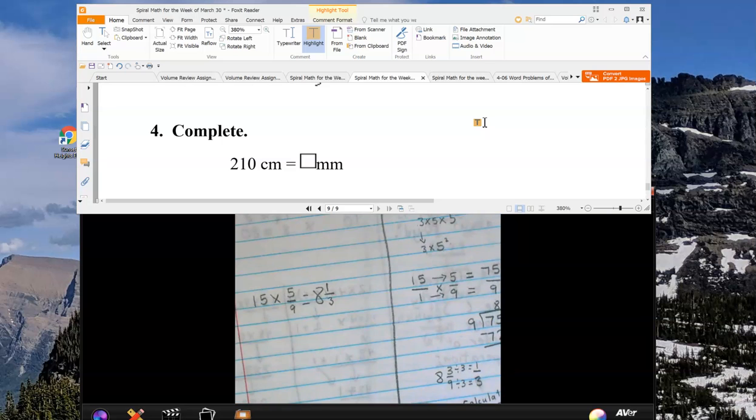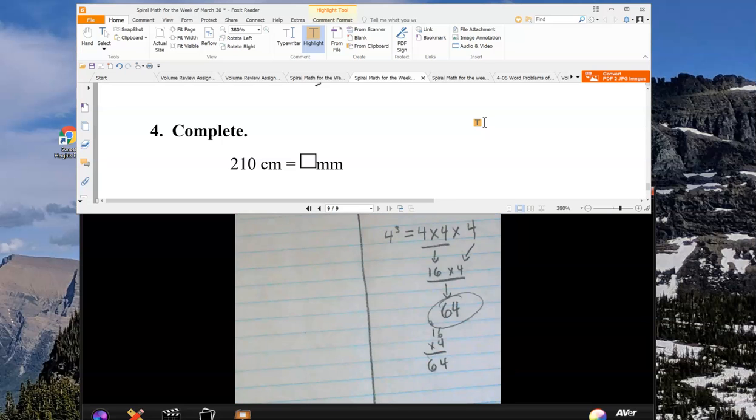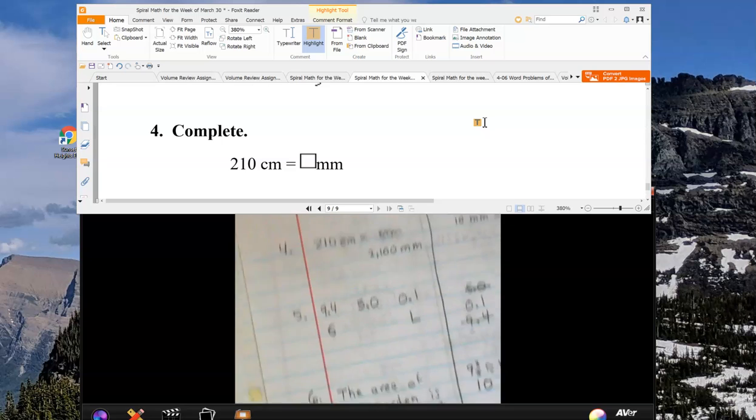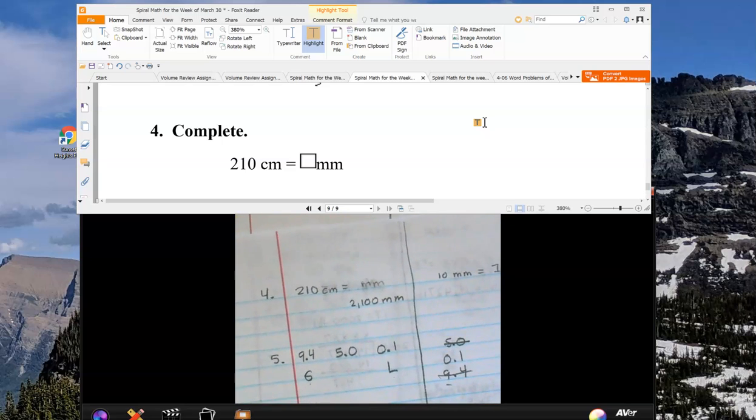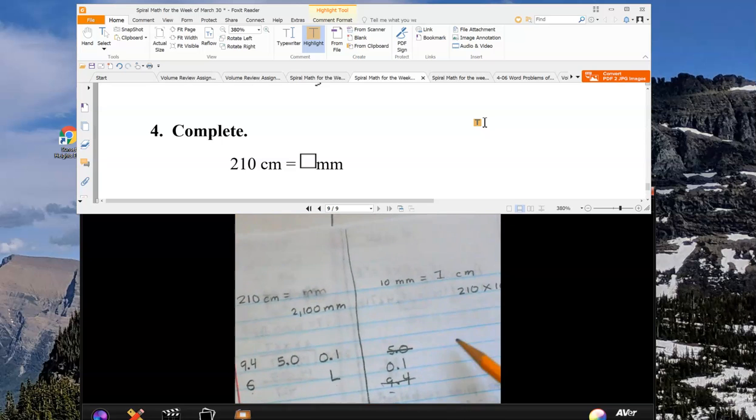Number 4, we're going to be taking 210 centimeters and converting it into millimeters. I know that 10 millimeters is in 1 centimeter.